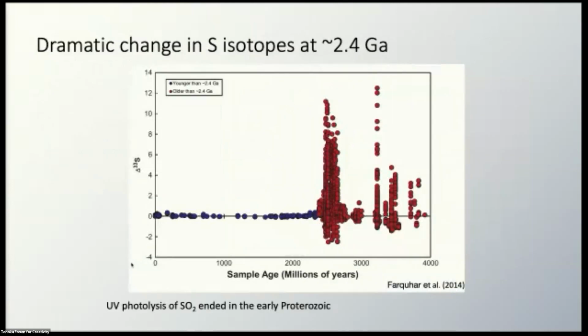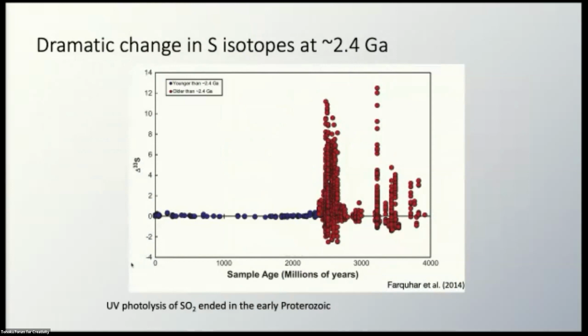Okay, well, at the surface of the Earth, meanwhile, there's another big transition in the Paleoproterozoic. This is mass independently fractionated sulfur isotopes through time. You see the sudden transition.